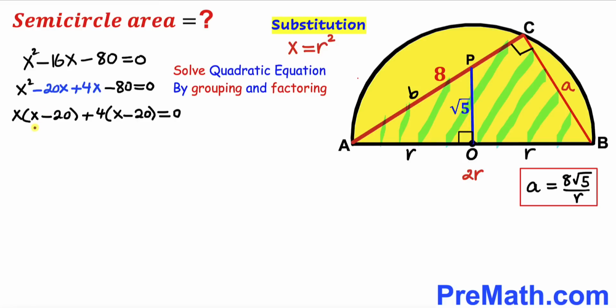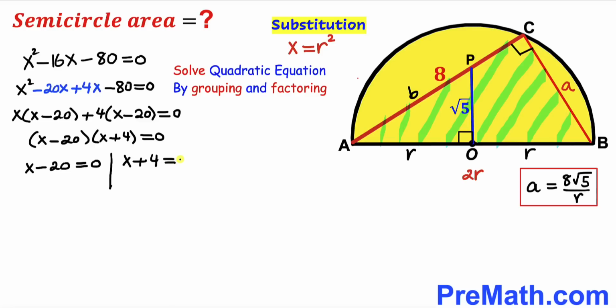Now we can see x − 20 and x − 20 are identical, so I can write (x − 20) times (x + 4) equal to 0. Let me separate these two factors. The first one is x − 20 equal to 0. The other one is x + 4 equal to 0.